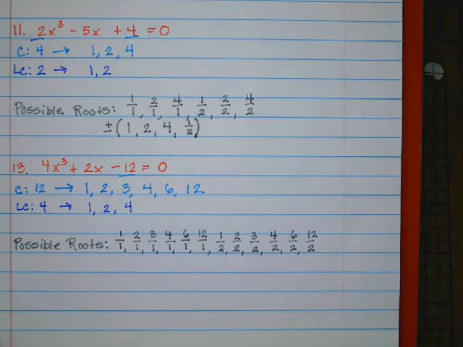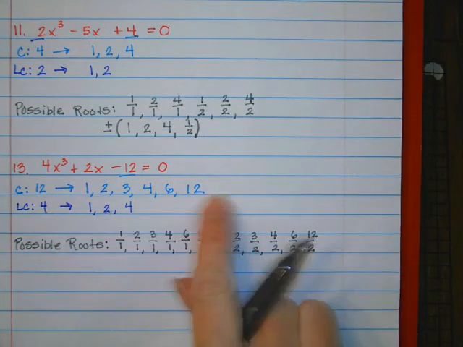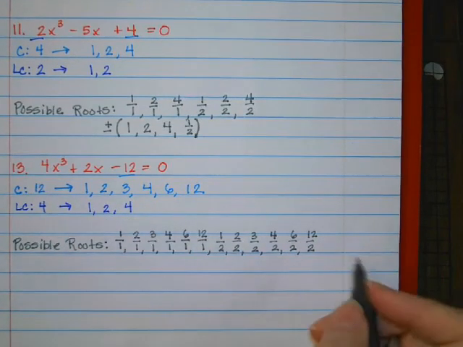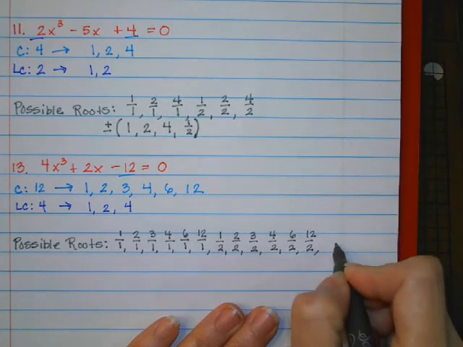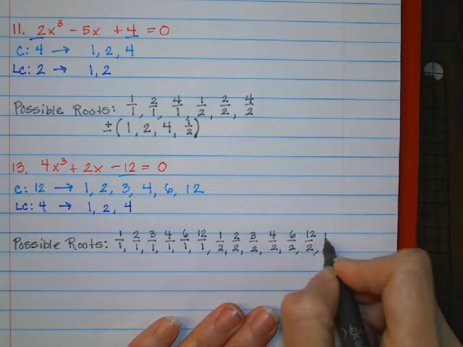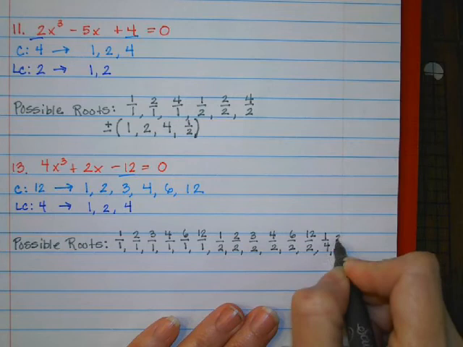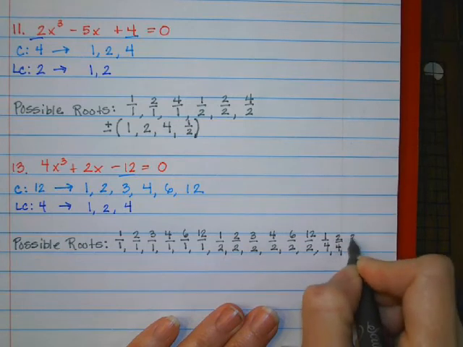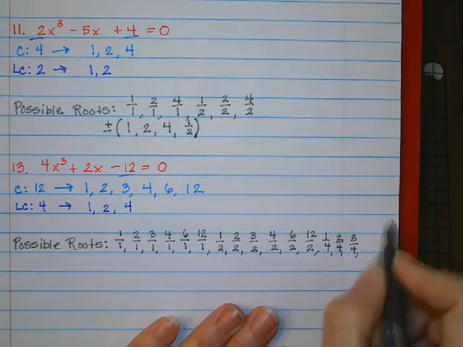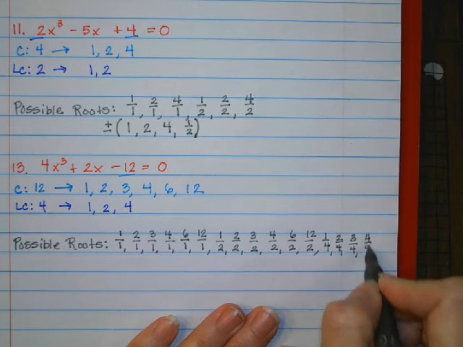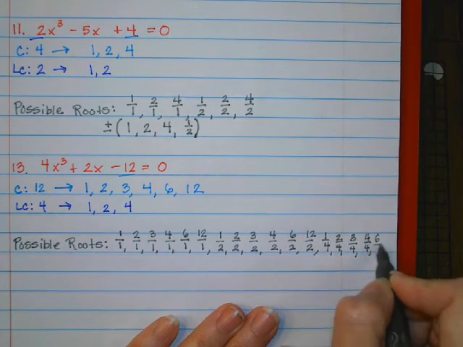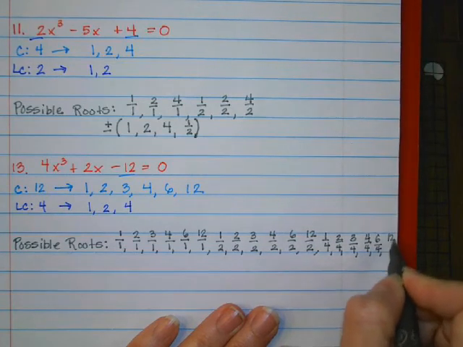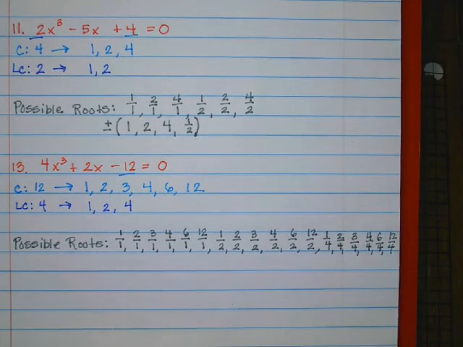Jessica, that's right, I'm going to take all of these numbers and put them over 4. So I got 1 over 4, 2 over 4, 3 over 4, 4 over 4, 6 over 4, and 12 over 4.